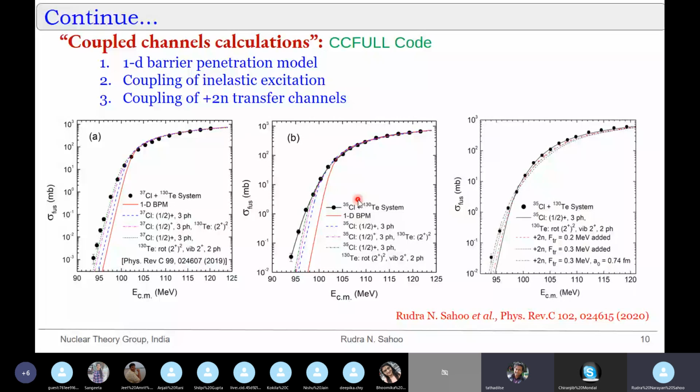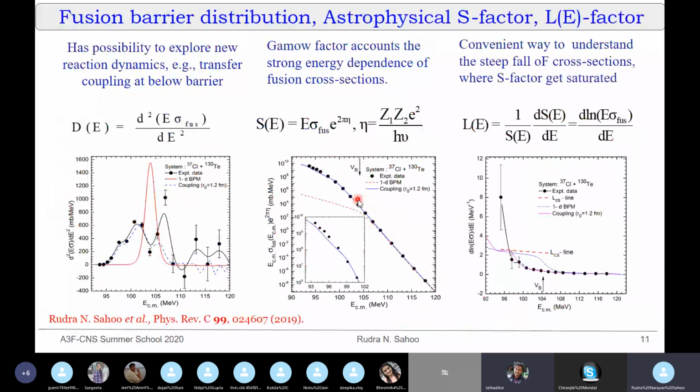Because the theory people, Chiru, Bhumika, all know that if you slightly change this diffuseness parameter, it can enhance the sub-barrier region more. I will show you the proof. Tathagat bhai, you can see in this figure the barrier distribution, the one-dimensional barrier penetration. First I matched, and you can see it is nearly equal to 104.